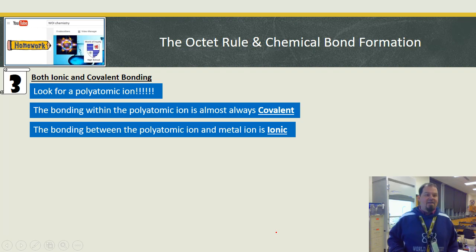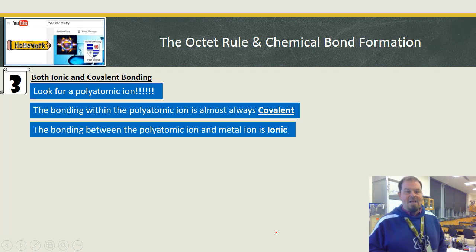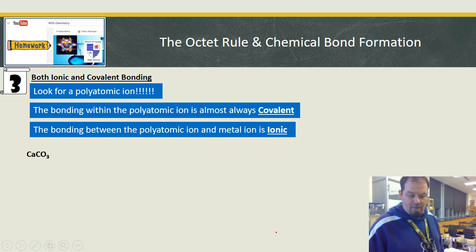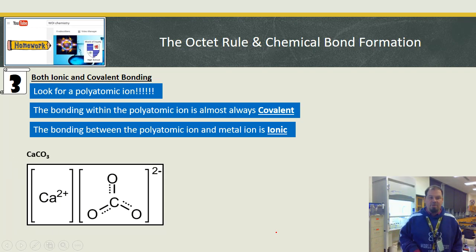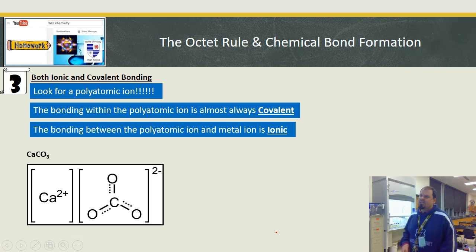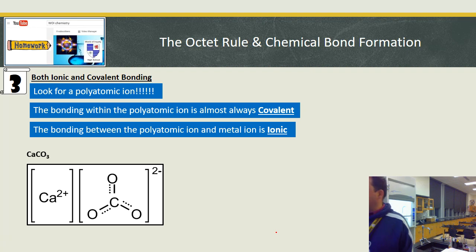And then the bonding between the polyatomic ion and a metal is where the ionic bonding happens. So both are present, and here is a picture and how we draw it. Notice carbon, oxygen, oxygen, oxygen is CO3, which is carbonate, and then this is calcium carbonate. This is where the ionic bond is happening between these 2 guys, but this is all covalent bonding.